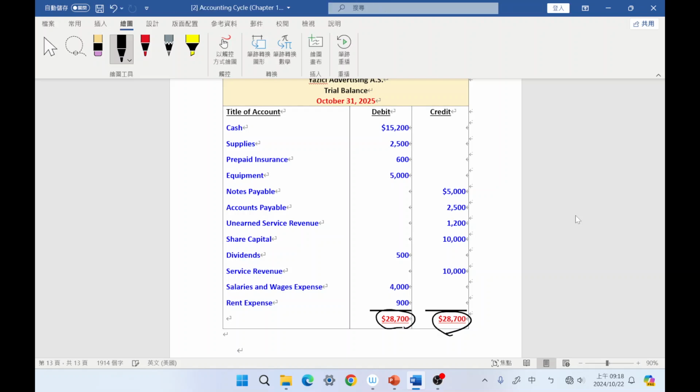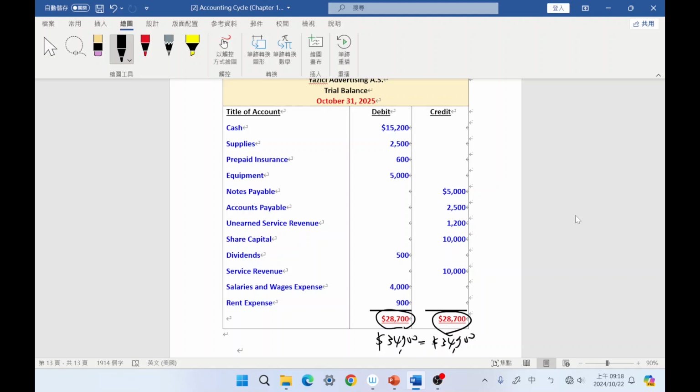Because some students give me this number. So you got total debit equal to total credit, but still it's not correct, because the correct number should be $28,700.